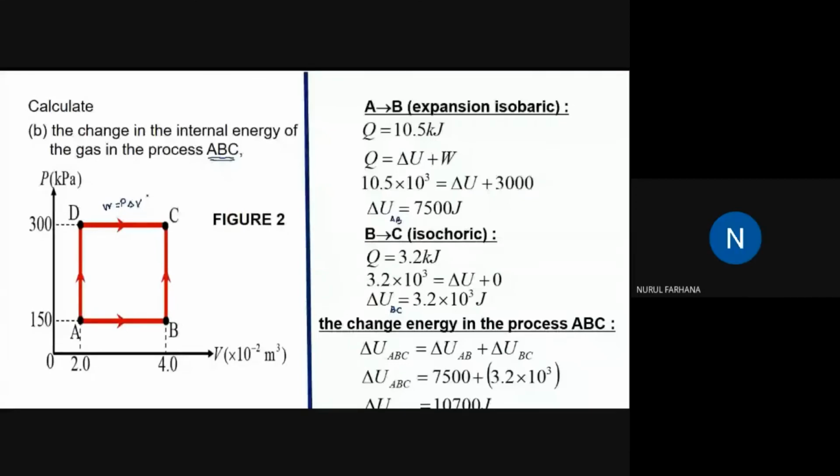Jadi terus Q sama dengan internal energy plus W. Lepas tu saya masukkan. Maksud dia orang letak terus dalam formula ni kan. Sama je. Janji sama je kira kan? Cuma saya buat satu-satu benda masuk. Okay. Sama je.